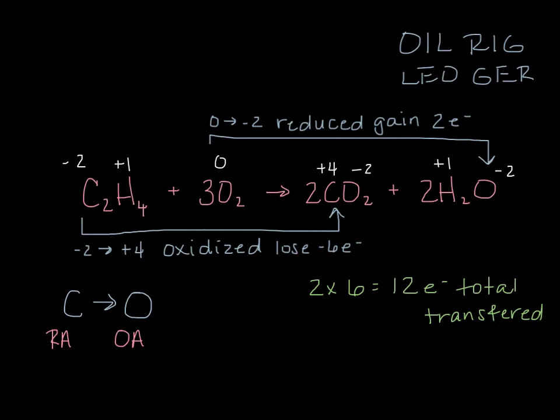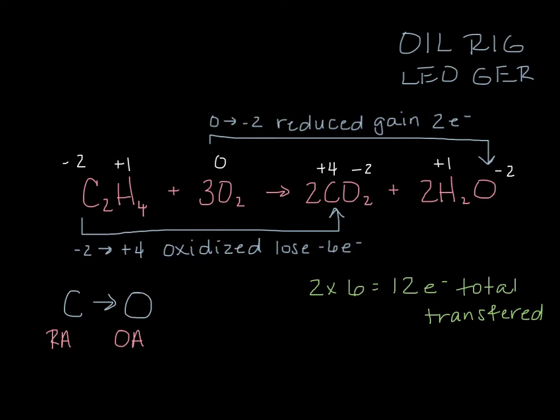Well, electrons can't just disappear, so the number of electrons lost by carbon better be the number of electrons gained by oxygen. So we look at our oxygen and we notice that each of our oxygens gained 2 electrons, and we have 2 times 2, so we have 4 oxygens here, and 2 times 1, so I have another 2 oxygens over here, so 6 oxygens.